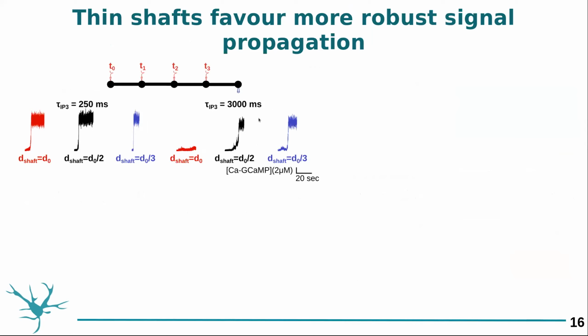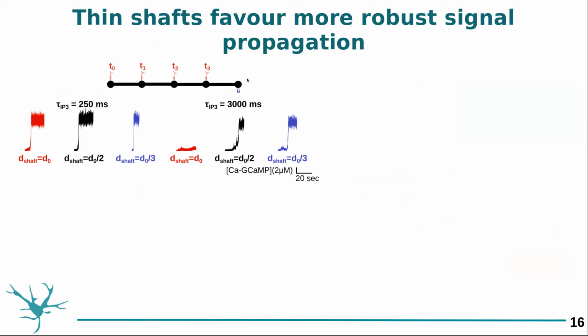We further investigated the effect of this nanoscale morphology on the propagation of calcium signals. So to do so, we have performed some successive node stimulations. So at time t0, we were stimulating node 1, and then node 2, node 3, and then node 4, while recording calcium activity in node 5.